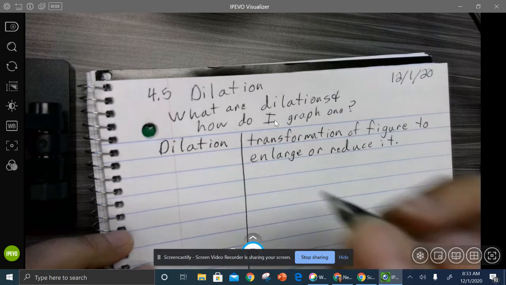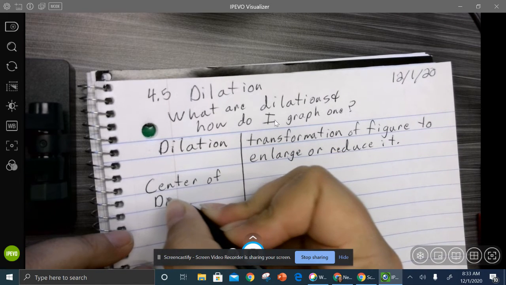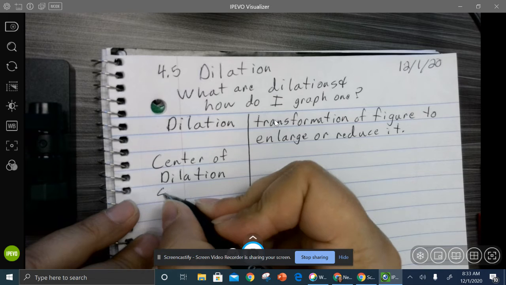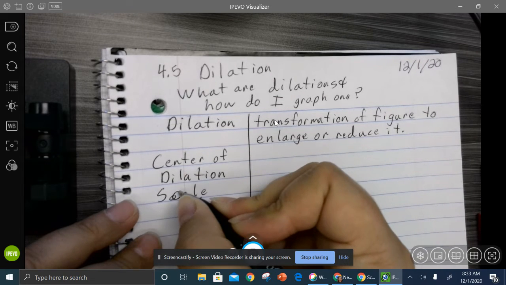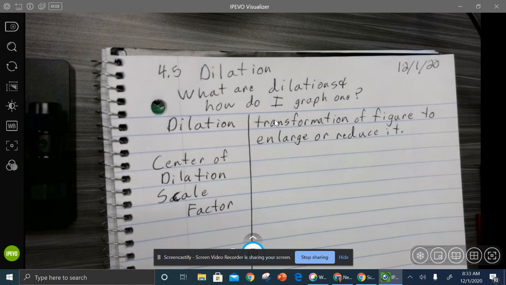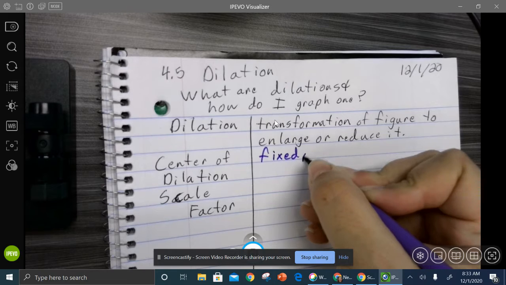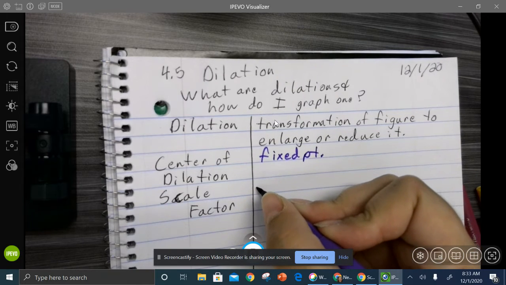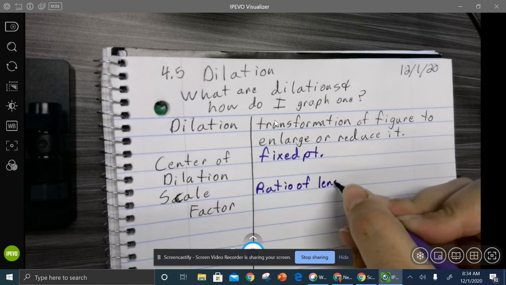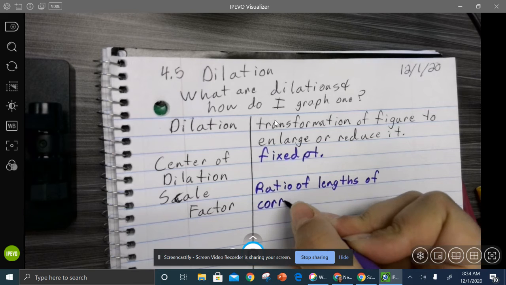We also have a center of dilation, and we're also going to do the vocabulary word scale factor. The center of dilation is a fixed point, and the scale factor is a ratio of the lengths of the corresponding sides.